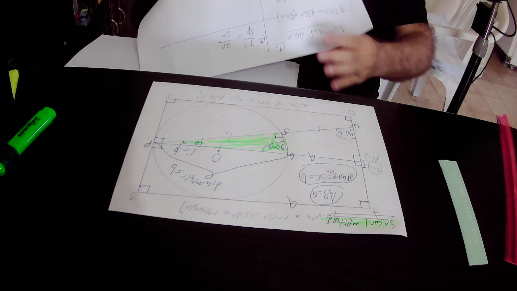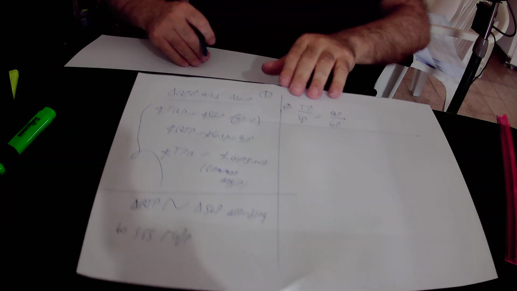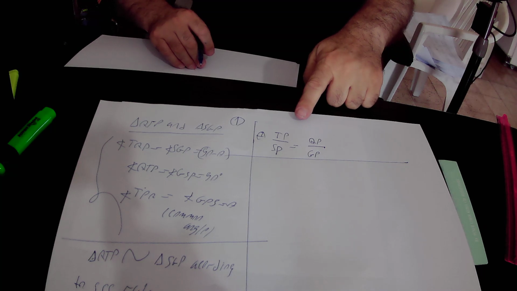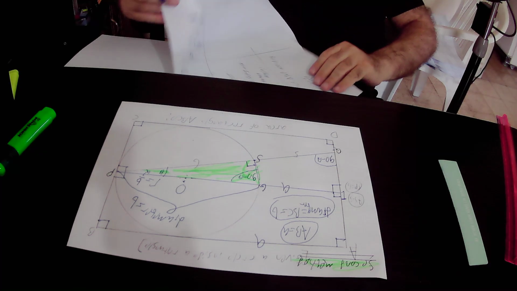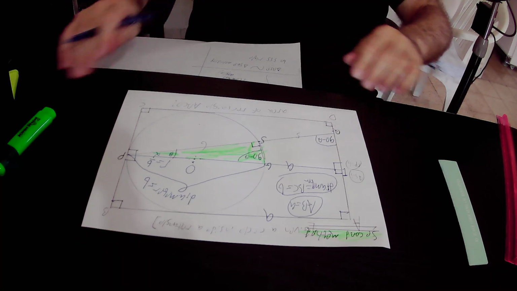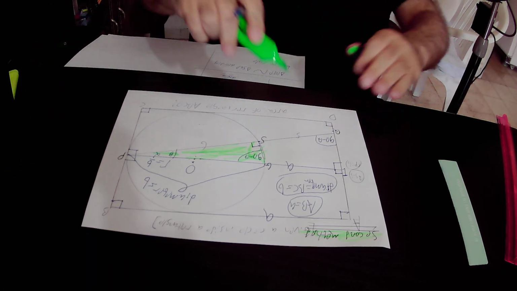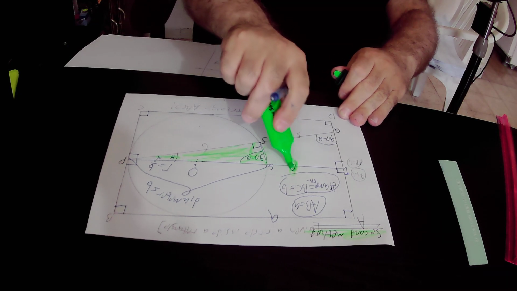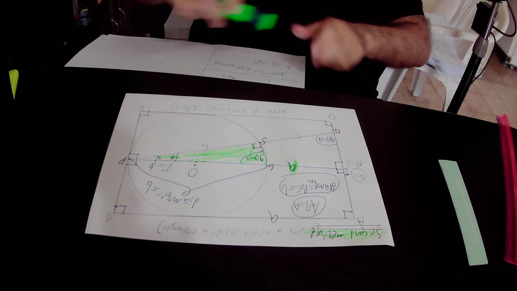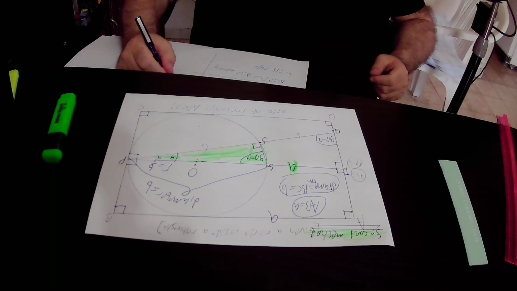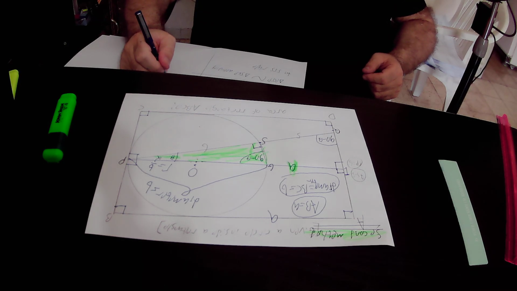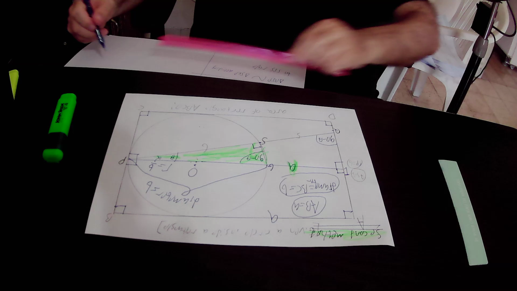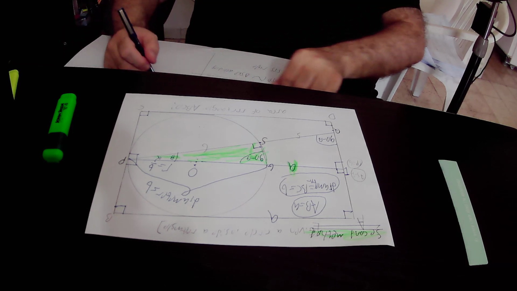Repeat again, TP over SP is equal to QP over GP. Here, TP equals A according to what we have already found out, so we'll substitute TP by A in equation number 1. SP equals 6 units according to what is given in the question, so we'll substitute SP by 6. And it is equal to QP.